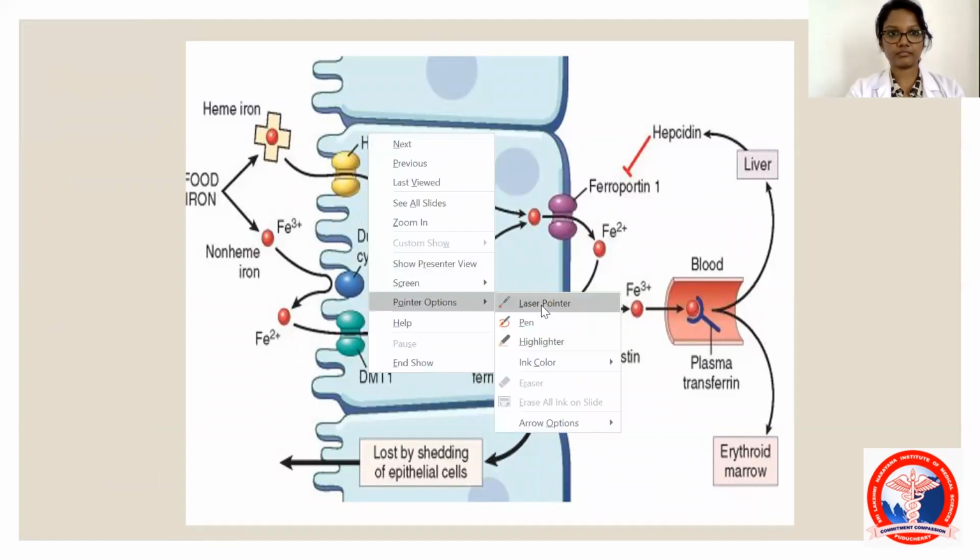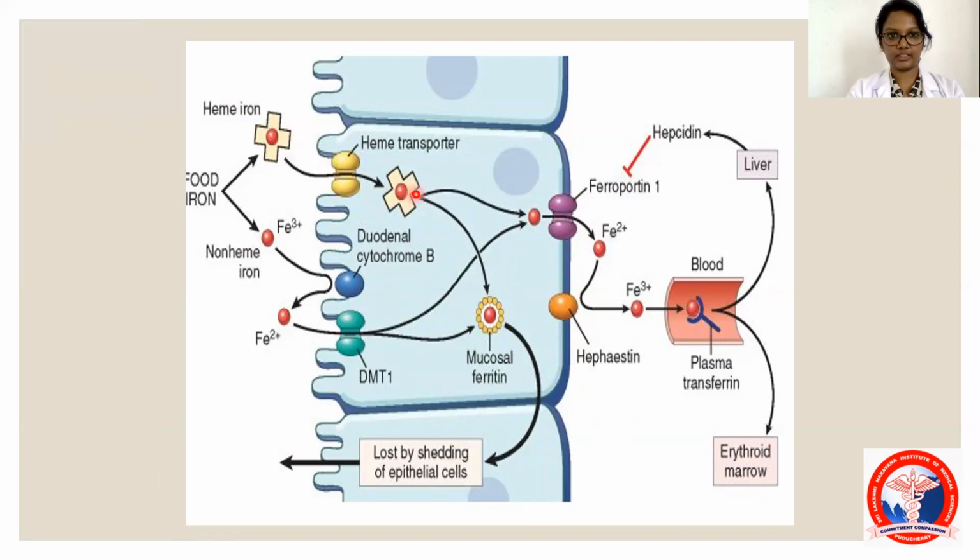Heme iron is transported by a channel called heme transporter, whereas non-heme iron, which is Fe3+, is initially reduced to Fe2+ via an enzyme, cytochrome B, which is present in the duodenal brush border cells. Then it enters the enterocyte via a channel, divalent metal transporter.